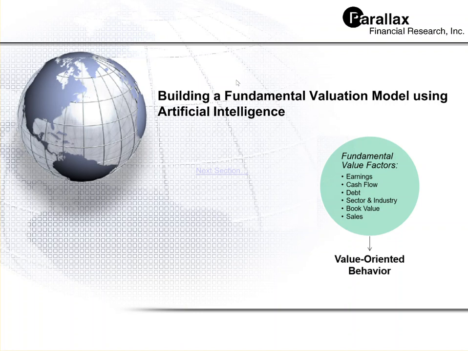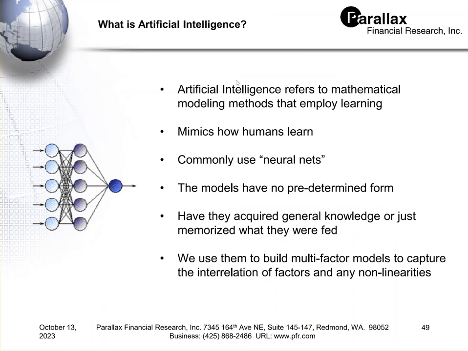Again, what I said before is we looked at Graham and Dodd and a number of different sources for what fundamental value factors we needed to include, and then used neural nets, with about 20 years of back data on hundreds of stocks, probably a couple thousand stocks, divided into their own sectors or industry groups, and trained neural nets using the factors we had and the market price as our target, to figure out how to map those fundamentals into a price.